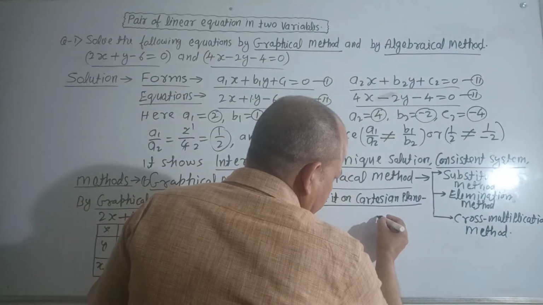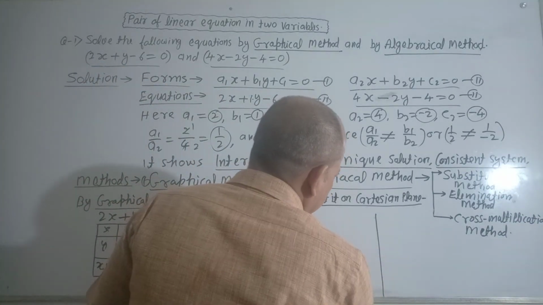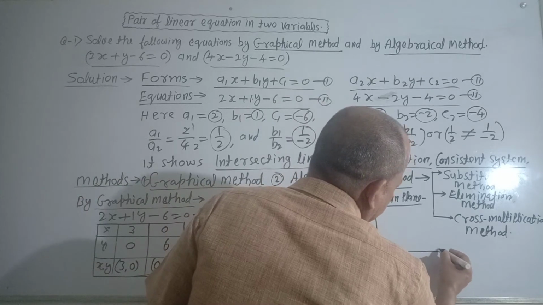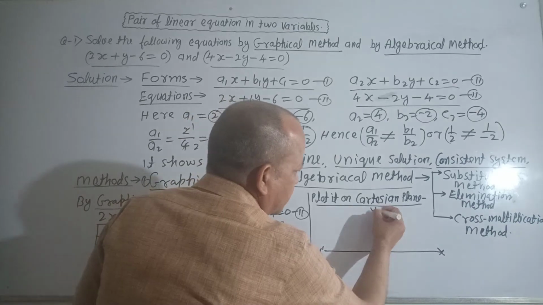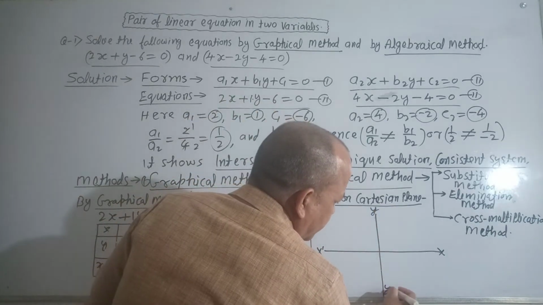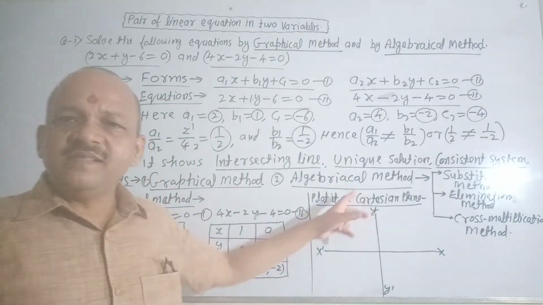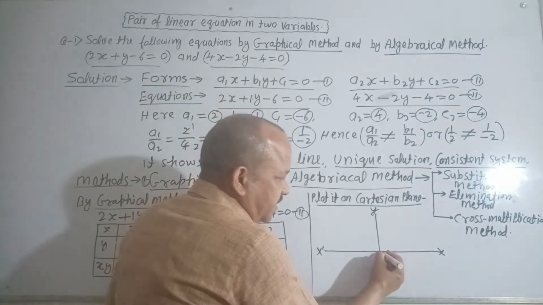Here it is the Cartesian plane. X dash, Y dash is the Cartesian plane. Here is the intersecting point.